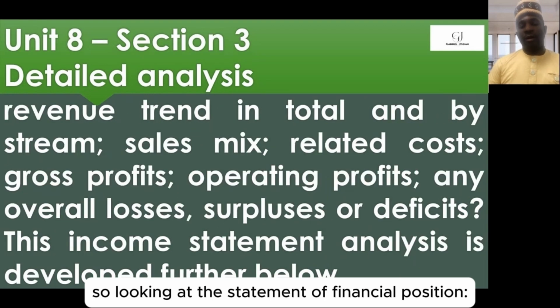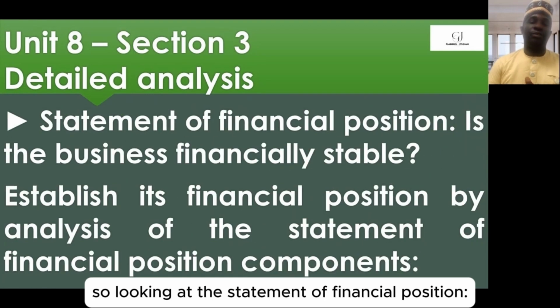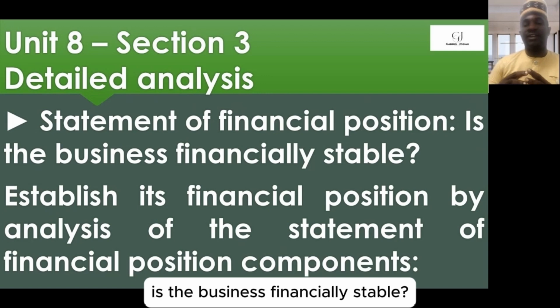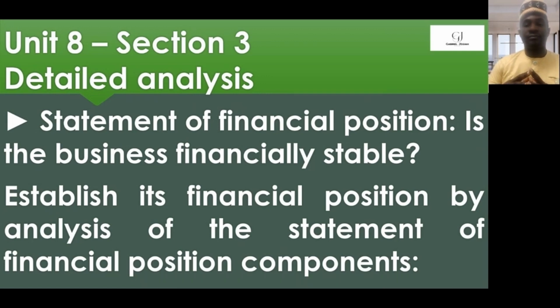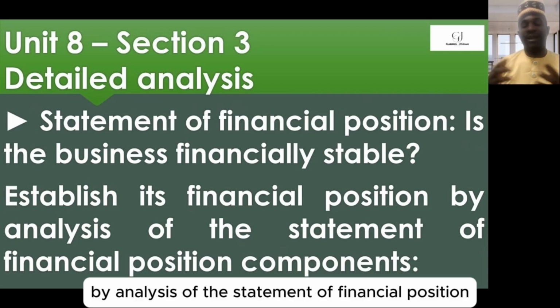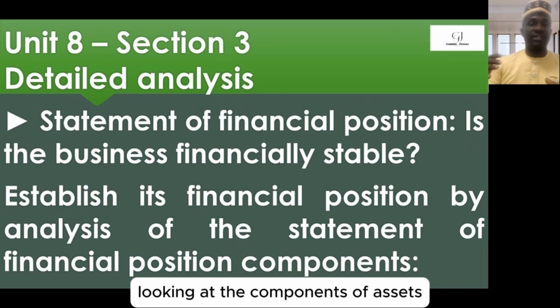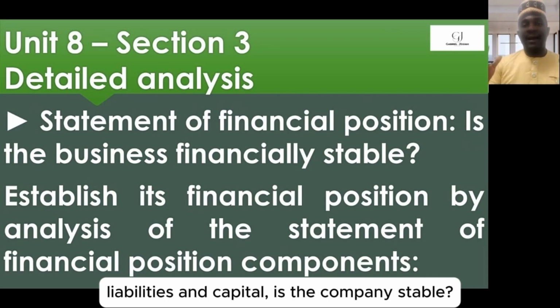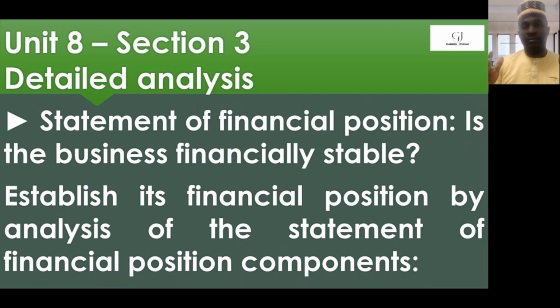So looking at the statement of financial position, is the business financially stable? Is the financial position, by analysis of the statement of financial position, looking at the components of assets, liabilities, and capital, is the company stable?